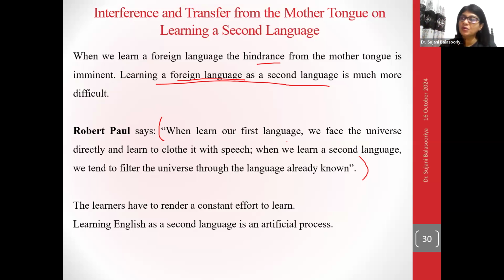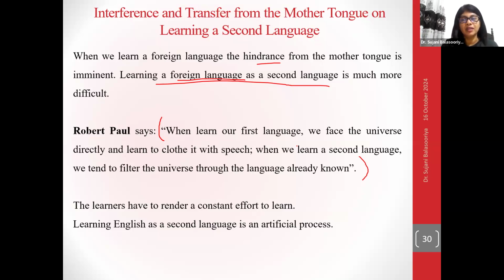We encounter the experiences directly and we try to learn to clothe it with speech, which means we try to express the things which we see anew with a language for the first time, right? But this is totally different when we learn the second language.